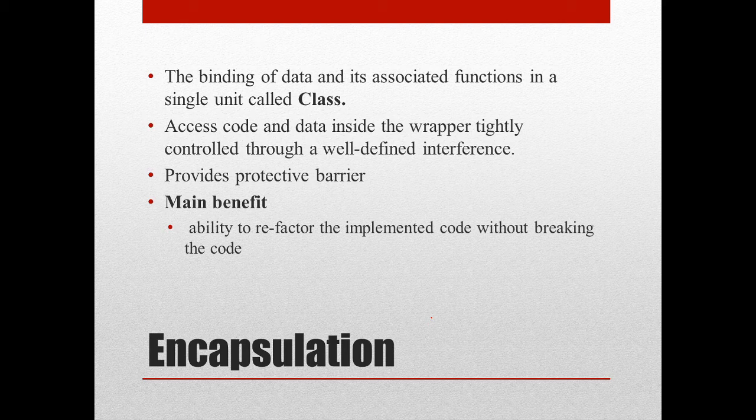Encapsulation provides a protective barrier that prevents access to code and data from outside the class. The main benefit of encapsulation is the ability to refactor the implemented code without breaking the code of others, and thus provides flexibility and maintainability.